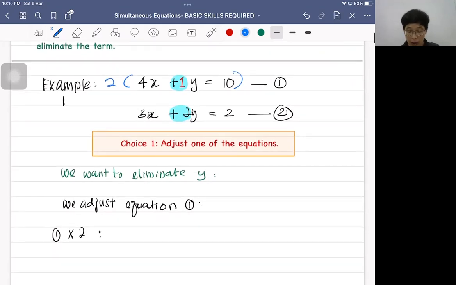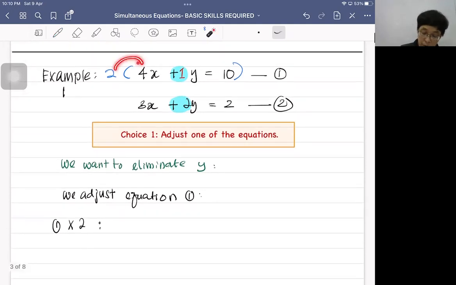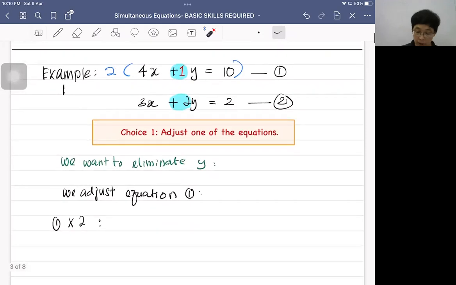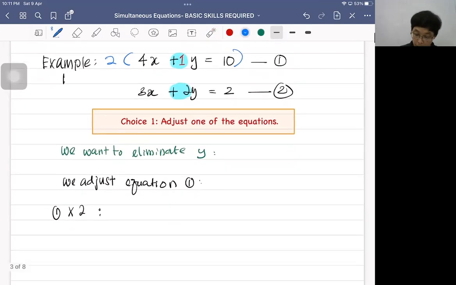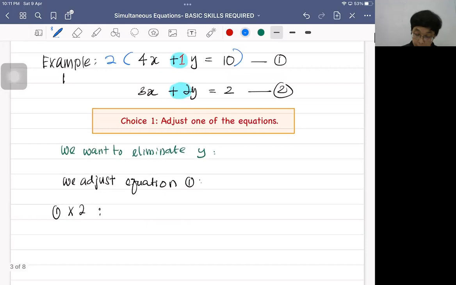Let's say I put a 2 there, so now I take 2 multiplied by 4, and I get 8x, and then 2 multiplied by 1y, I get 2y, and then 2 multiplied by 10, we get 20. Let's write that down. I'm going to use a different ink color to indicate that for you. So we got 8x plus 2y equals 20.